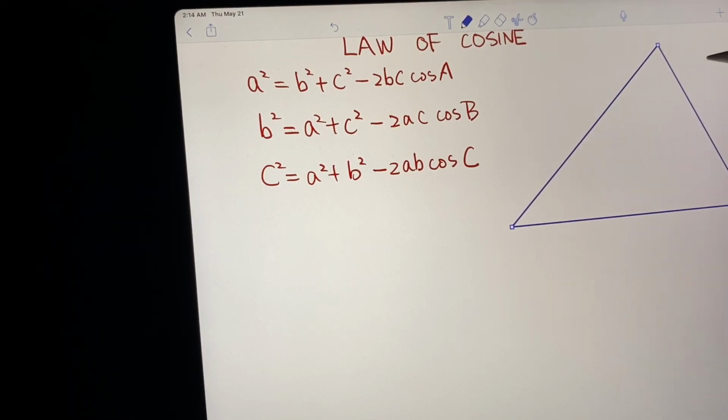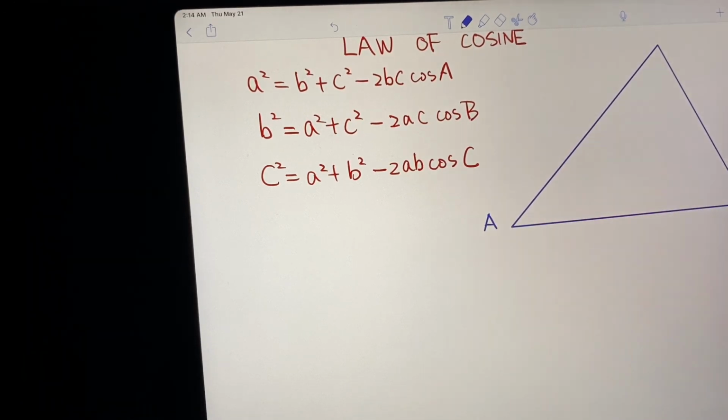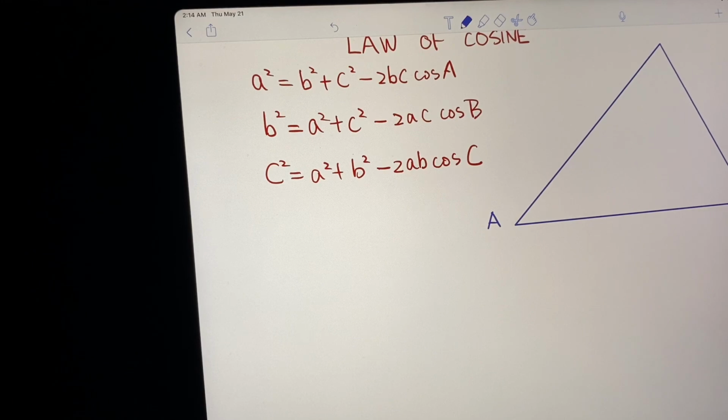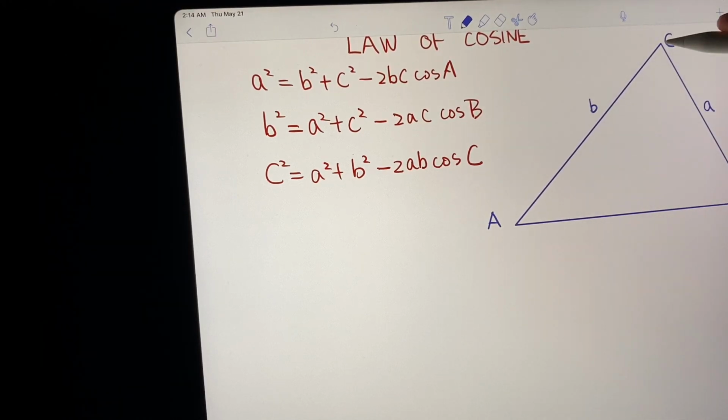Anyway, here we have vertices A, B, C, and opposite angle A is side a, opposite angle B is side b, and opposite angle C is side c.